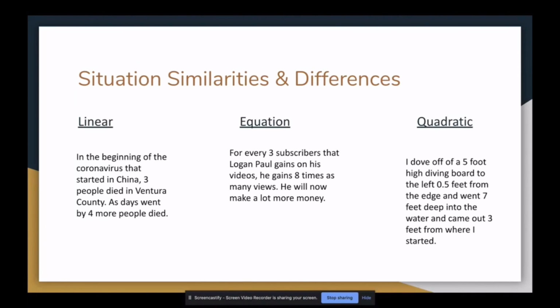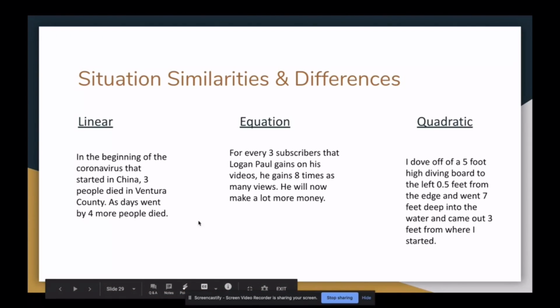So these have similarities and differences. First, the similarities between a linear and equation. They were both made after the tables. We use the tables to make the situations for linear and equation. They both only have 2 numbers in them that we're using. They're both very similar.